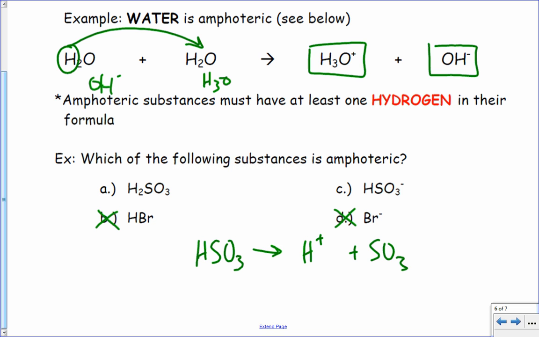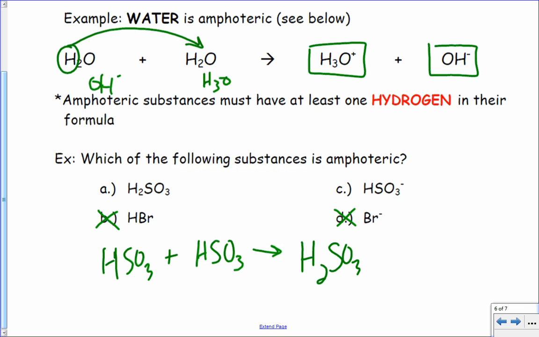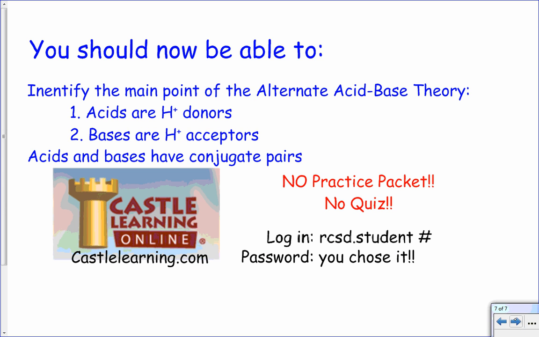Oh, here we go. How about this? HSO3 plus HSO3 could become H2SO3 plus SO3. So here, one H leaves here. One is an acceptor and one is a donor. Bam, C. All right, anyways, enough of that little stuff.